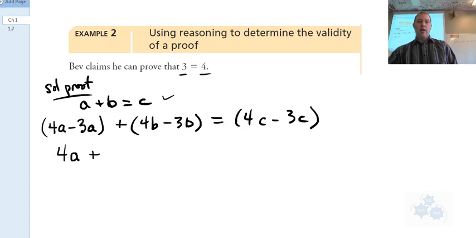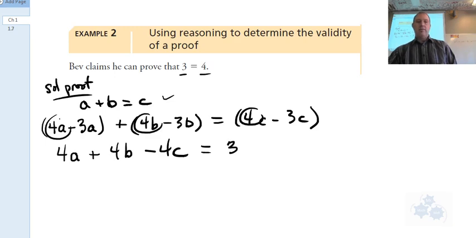So we've got 4A plus 4B minus 4C. So we took these and put them over on one side. And over here, if you add 3A and 3B to both sides, you've got 3A plus 3B minus 3C.